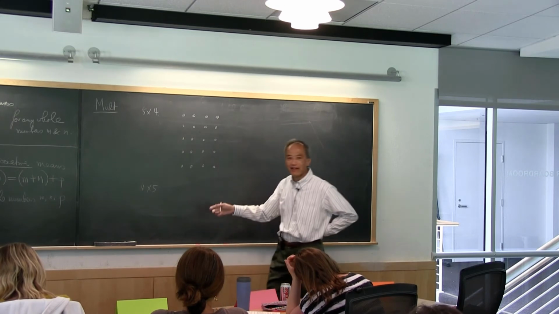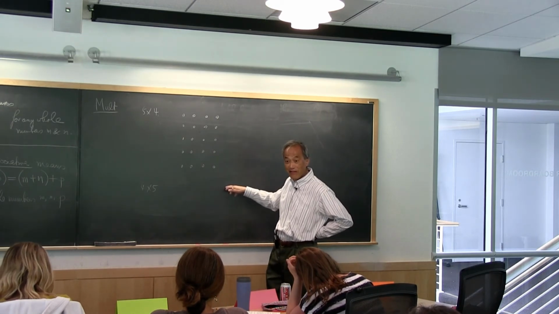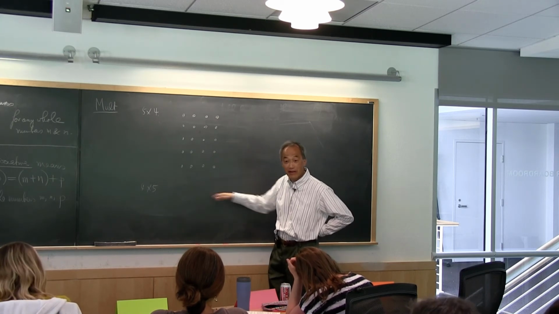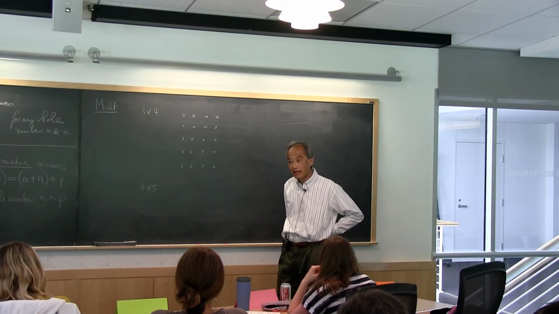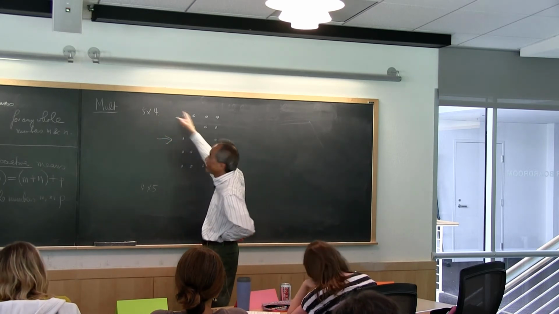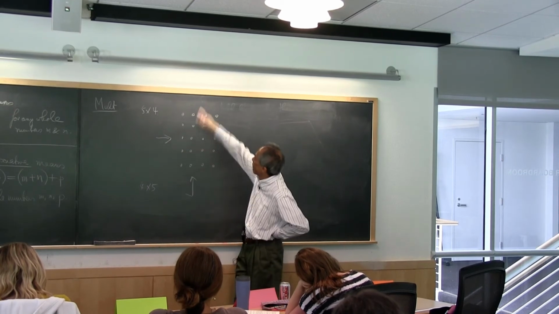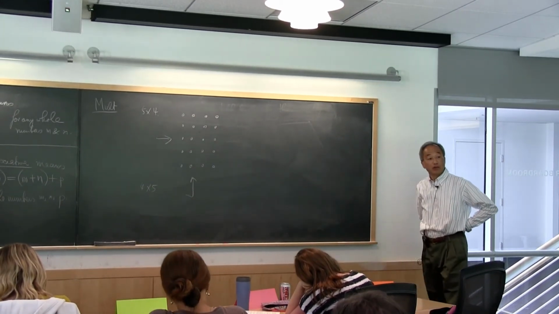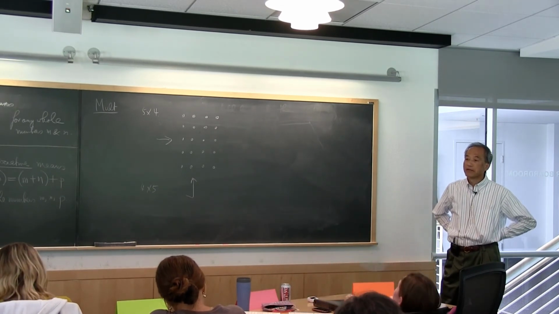Well, of course, 4 copies of 5? 5 dots, right? And then 4 rows of 5 dots. But I save myself the trouble of doing it because why? This is looking at it this way, right? This is looking at it this way. 4 rows of 5s. So commutativity is, again, a no-brainer in this.